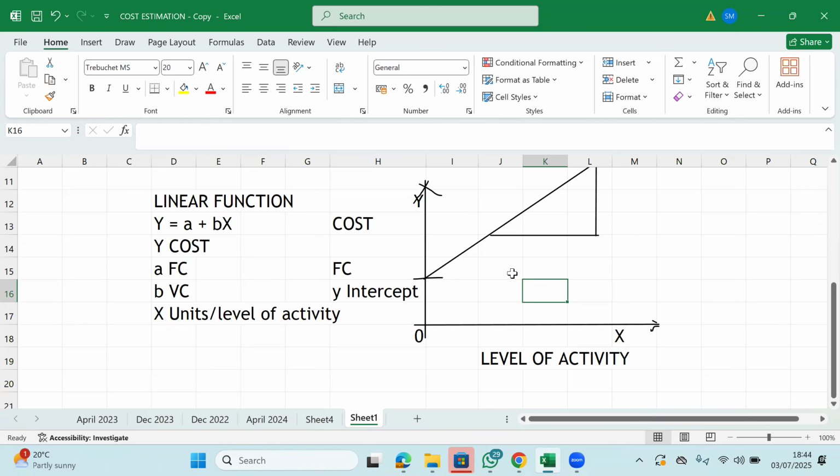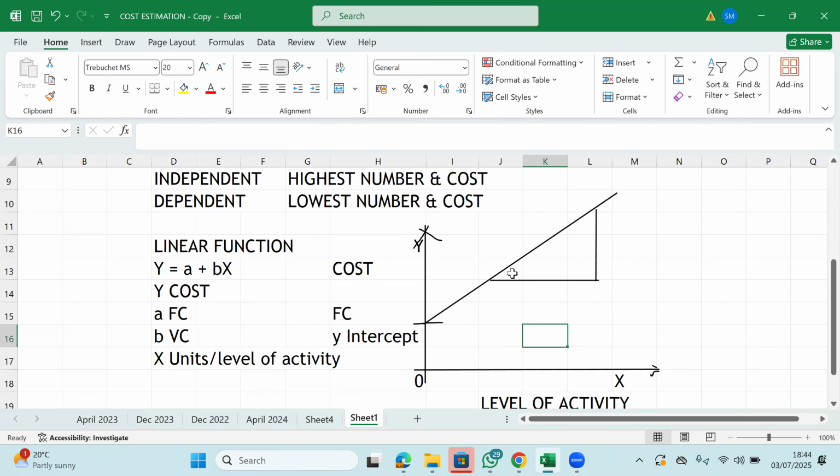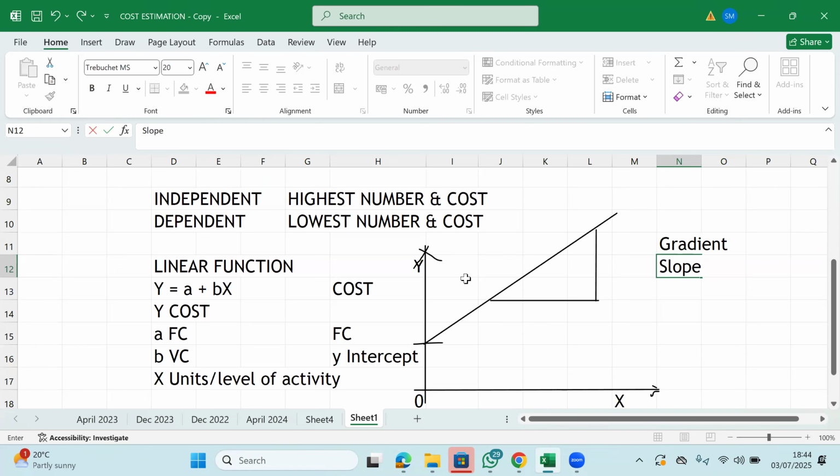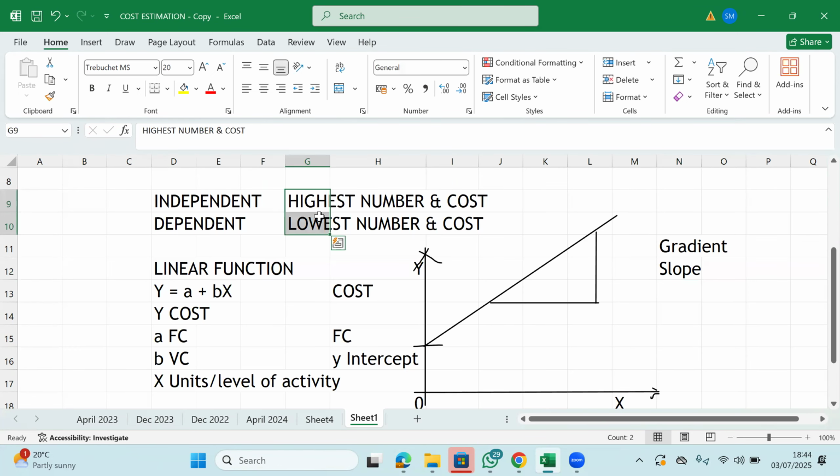Then, apart from that, for those of us who can remember from mathematics, we are talking about something to do with the gradient. You remember the gradient of a curve, or the slope. So we can either call it the gradient or the slope. As part of our items, we've chosen the highest and the lowest.